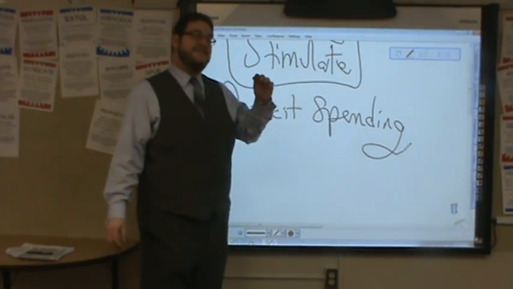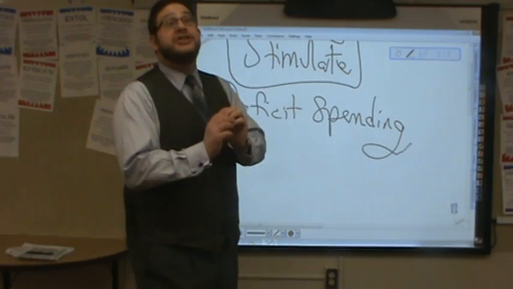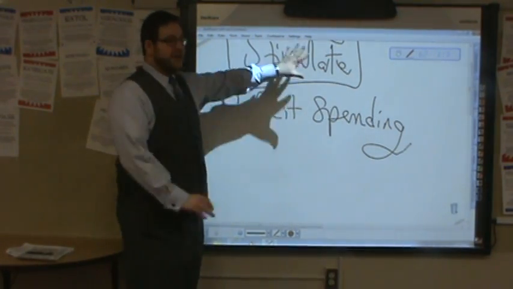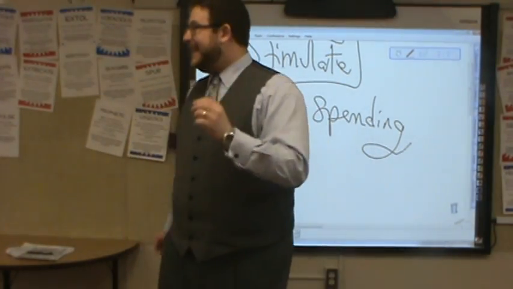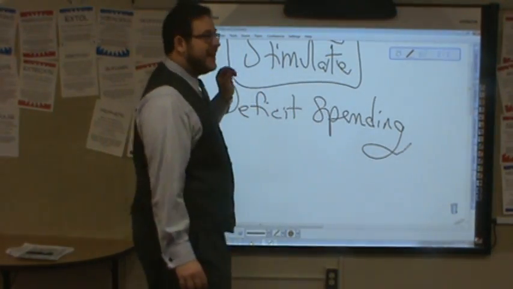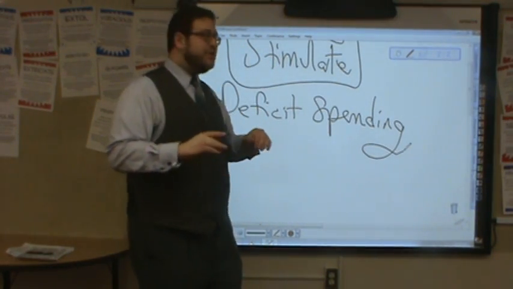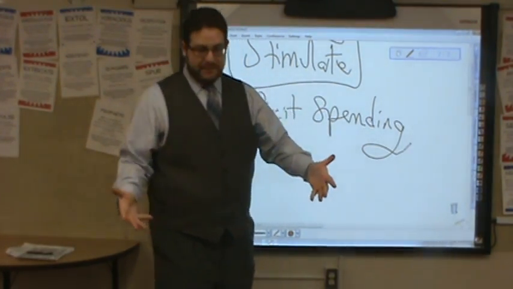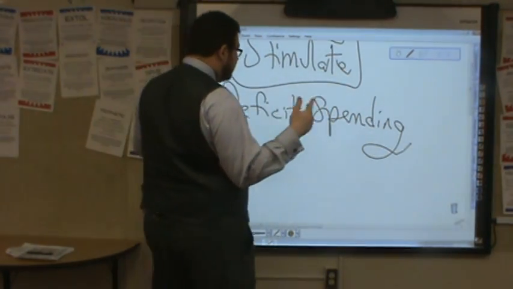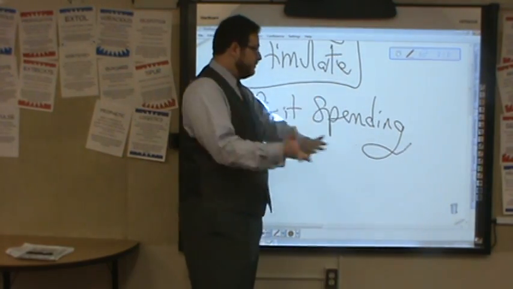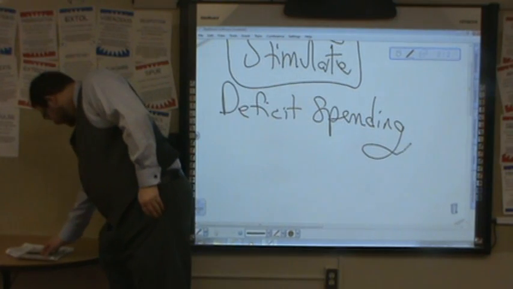Not that it was not spending enough, or not that it was spending too much, but the Keynesian argument, which gets associated with progressivism, that Keynes's argument is that the government is not spending enough money, that it should be giving out more money to people who will then go spend it and stimulate the economy, and the economy will grow, and when the economy grows, tax receipts go up and you can pay off the debt. That's John Maynard Keynes.